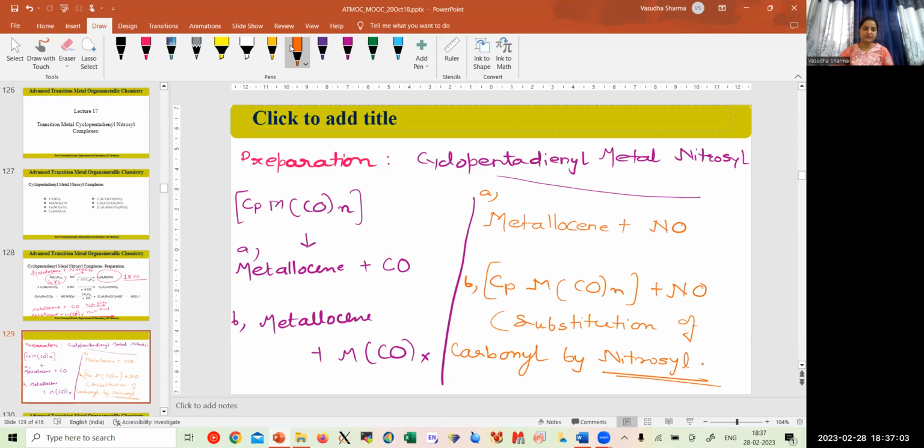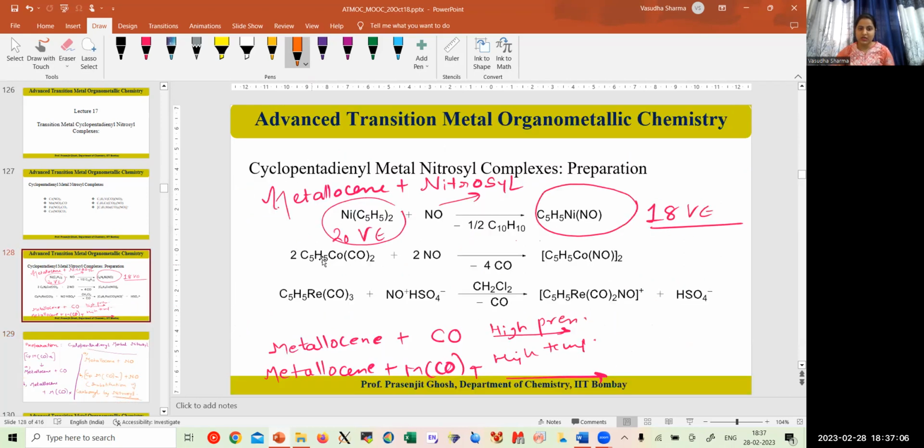So this was the second method as it is shown over here. When we have Cp carbonyl, two NO are there. Now both the four COs, because two molecules are there, have been replaced with two NO, and that has given you a dimer.